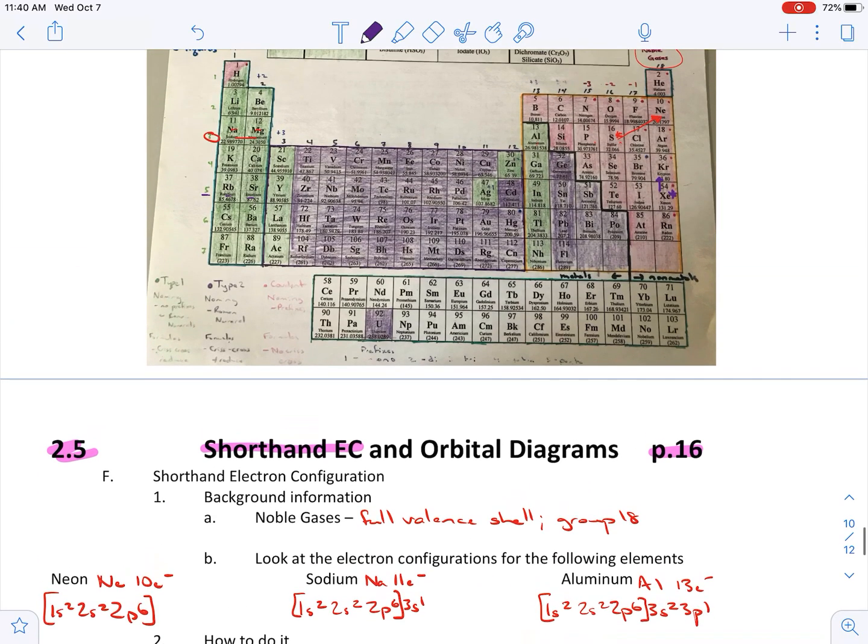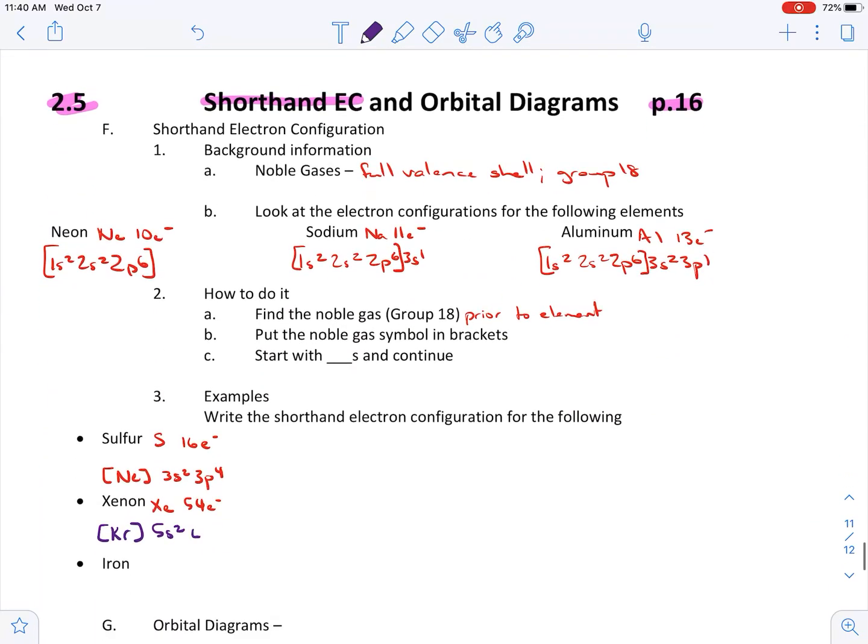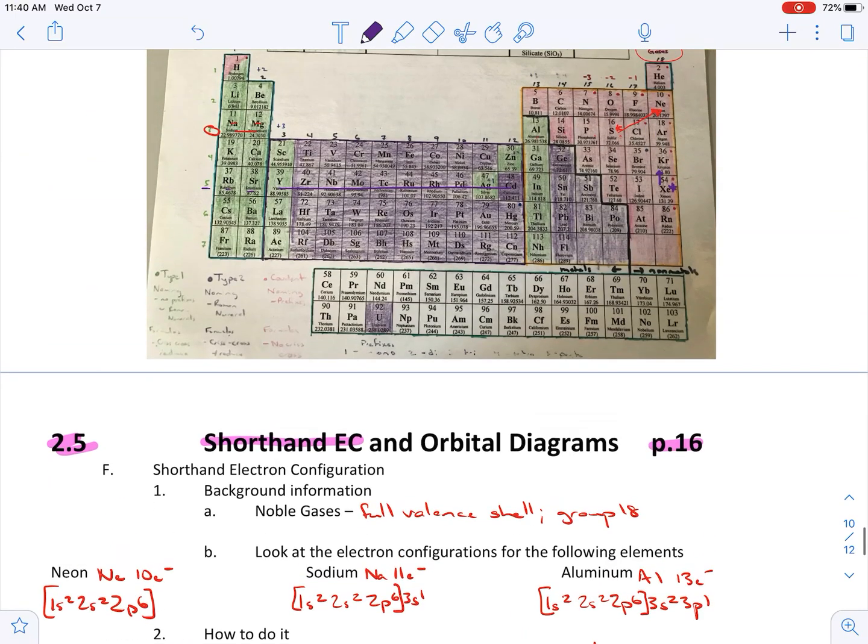Now we've got to keep rolling. These are d's, and remember, our d's are one less than the row we're in, so we have 4d, and that would be 10 if we count across there, 4d10. So write that number down. Keep rolling. Now we're in our p's again, so p1, p2, p3, p4, p5, p6.